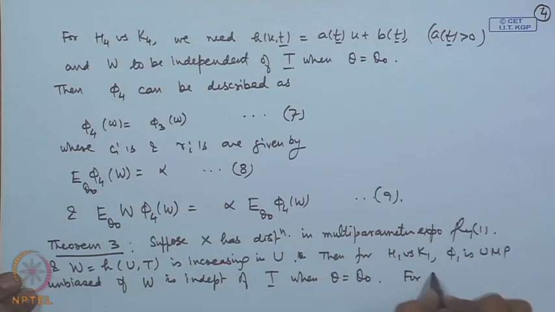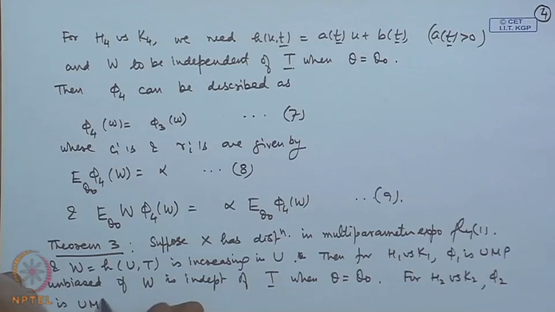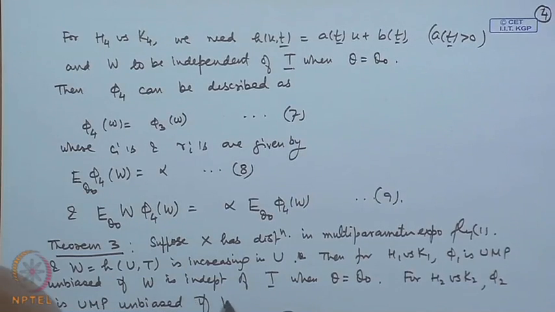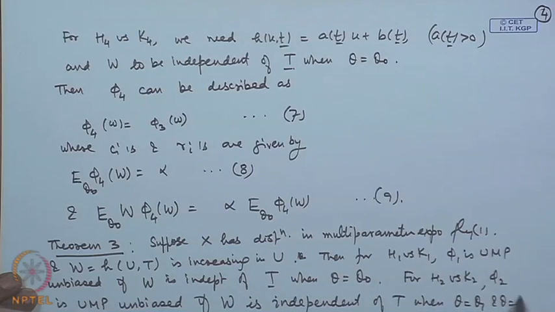For H 2 versus K 2, phi 2 is UMP unbiased if w is independent of t when theta is equal to theta 1 and theta is equal to theta 2.